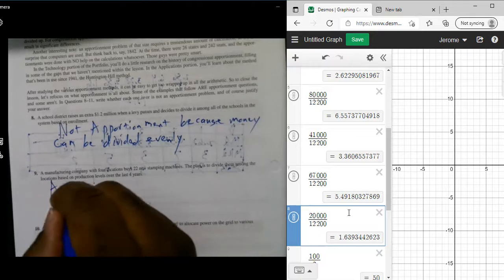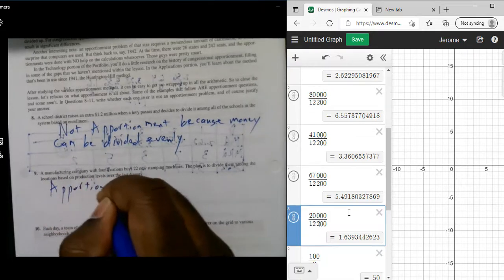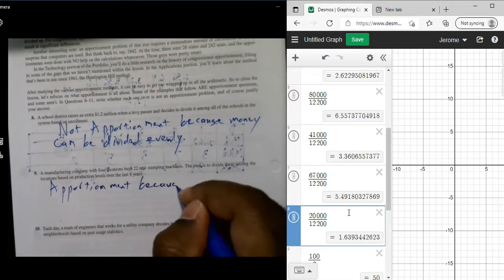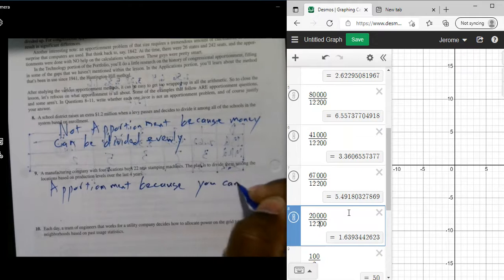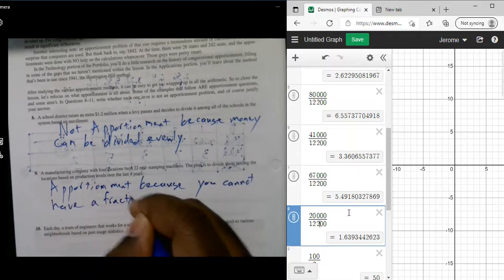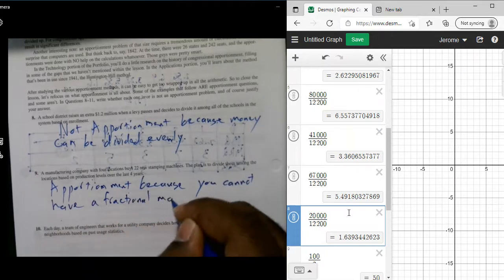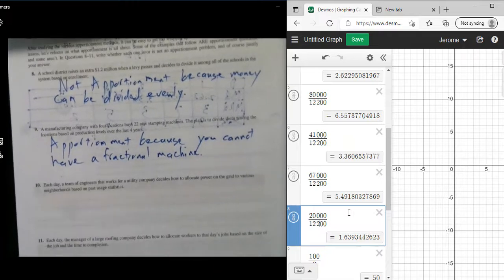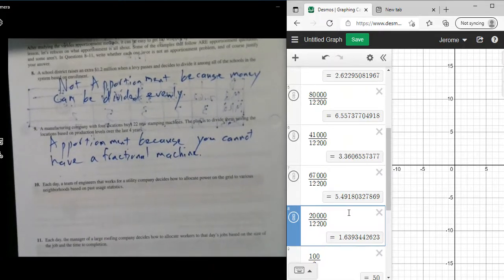So this would be apportionment, and that is because you cannot have a fractional machine. Each one of these could get 5.5 machines, but half of a machine would do no good. So we would need apportionment.